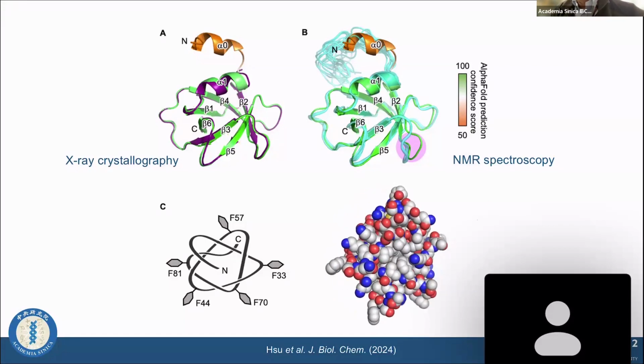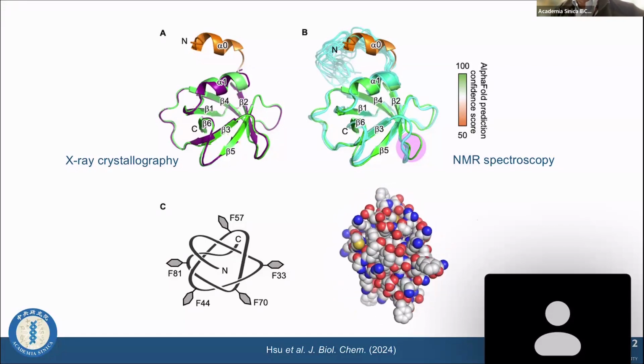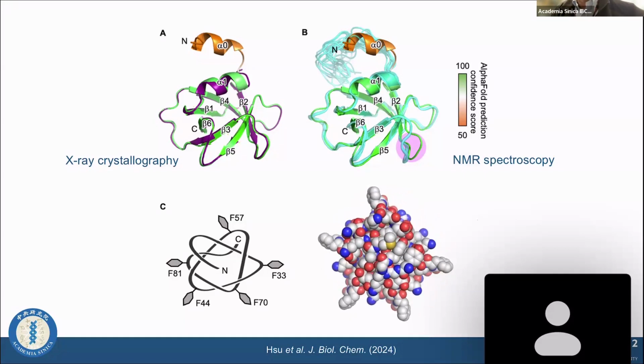The experimental structures determined by different approaches are essentially identical to the AlphaFold prediction, with the exception that the N-terminal flexible region is not well defined, and AlphaFold also says that it has low confidence.